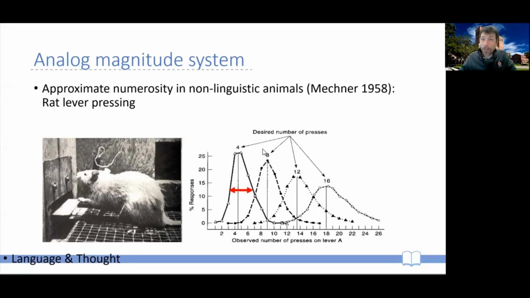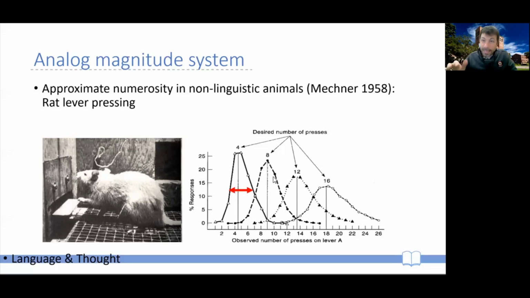Now set the reward to occur after 8 button presses. What you see is that, on average, they seem to press 9 times, more or less. So the peak is 9 times. 20% of the time they actually press 8, 23% of the time they press 9, and maybe 18% of the time they press 10.